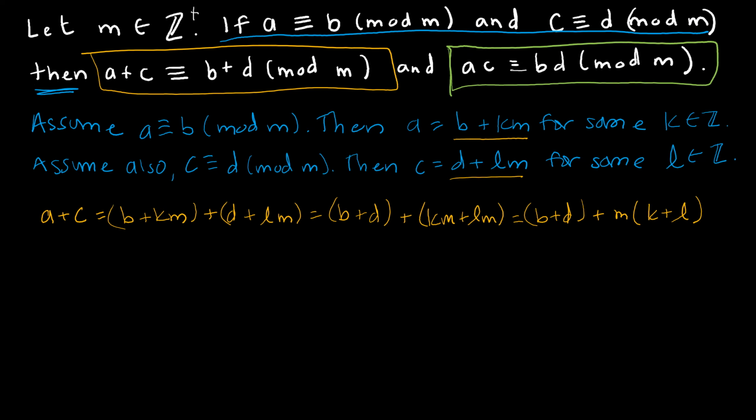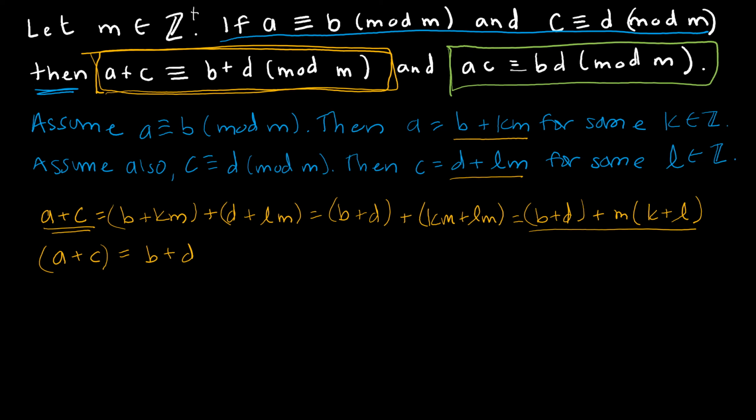Now, what am I trying to prove? I'm trying to prove that these things are congruent modulo M, which means right now I have A plus C is equal to B plus D plus M times (K plus L).